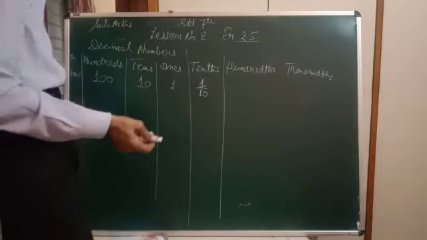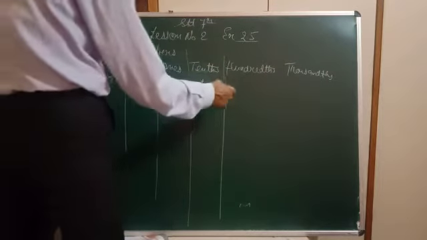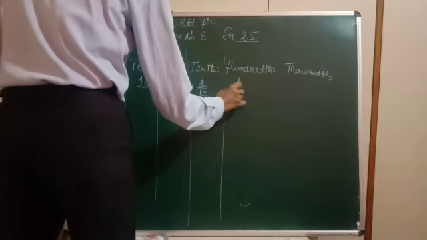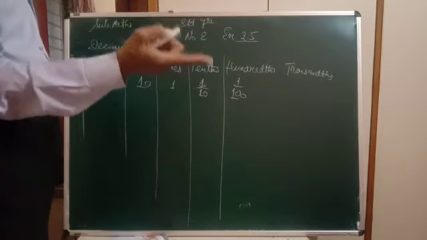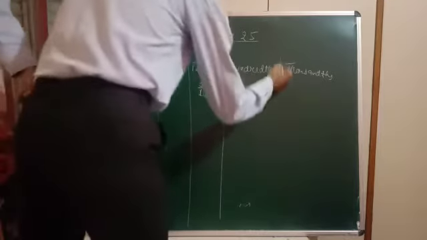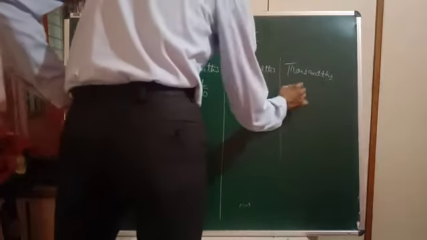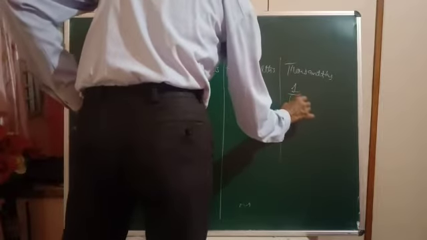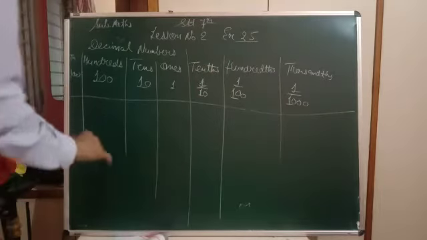If you move again to the right hand side of this tenths place, we get hundredths, and that is multiplied by 1 upon 100. That means it is the second place after the decimal. If you move to the right of the hundredths place, we get thousandths, and that number is multiplied by 1 upon 1000. This is the format of decimal form.